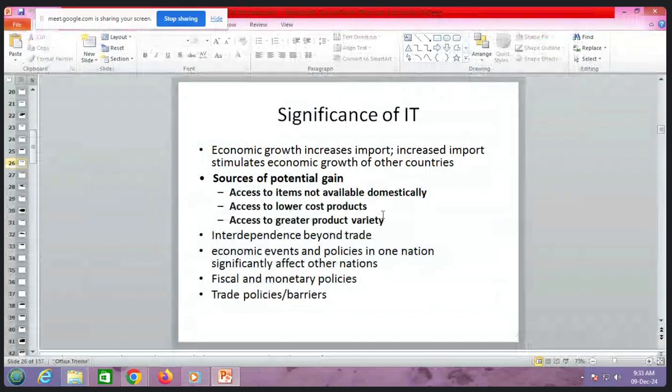So having talked about the trade between different countries, this is basically how I tried to explain the trade.